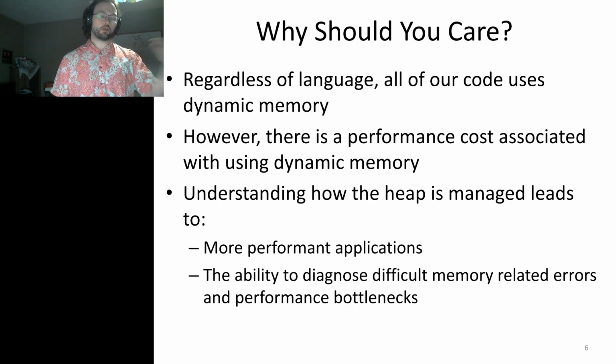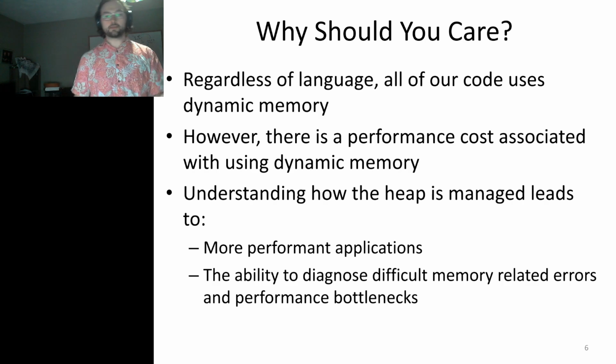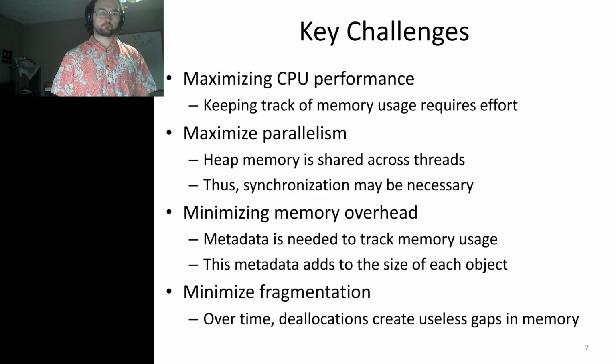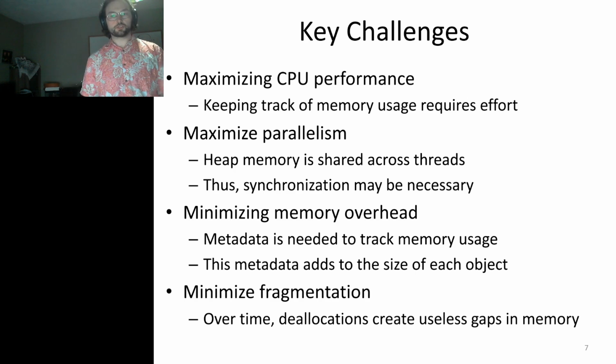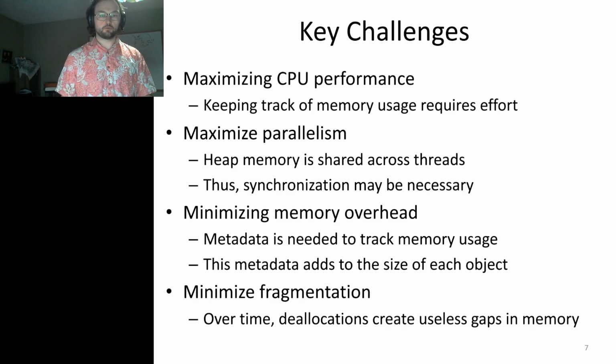Calling malloc or calling new is one of the most common things that you do, so it's important to understand how it works, because if you have wrong ideas about how the allocator works and what the performance trade-offs are, you can end up writing code, even if you're not implementing a memory manager, just writing random code in a random programming language, that's way less efficient than it could be. Now what we want to accomplish is we want to go as fast as possible. We want to make good use of the CPU.